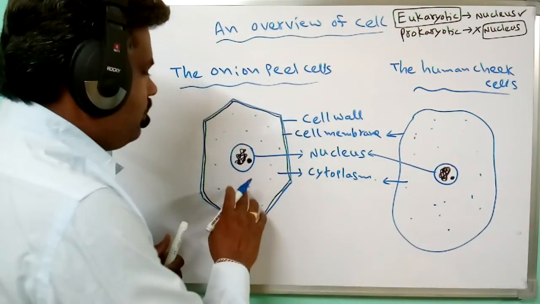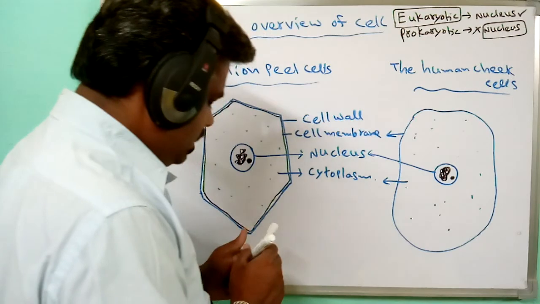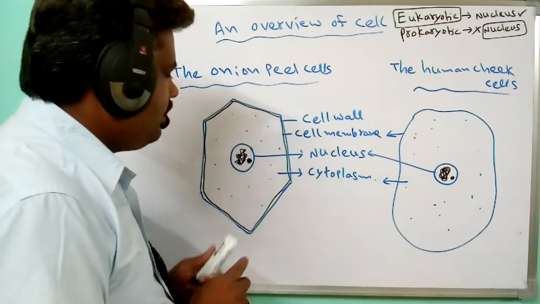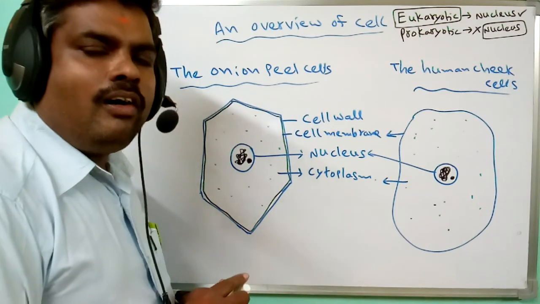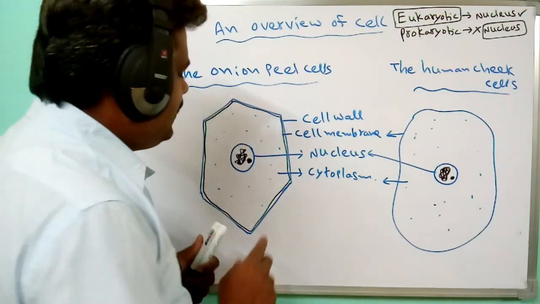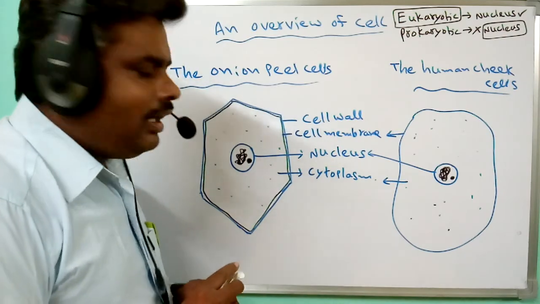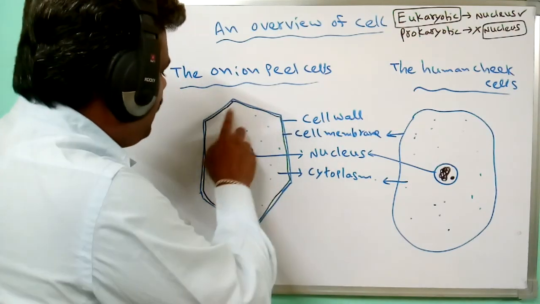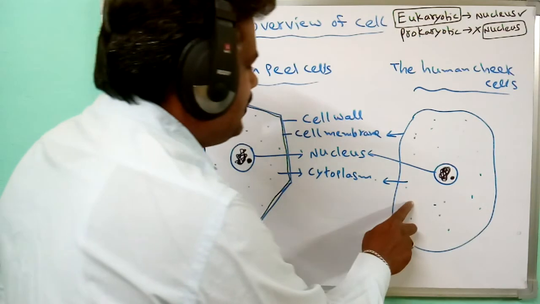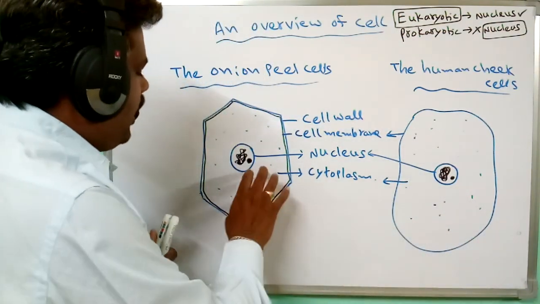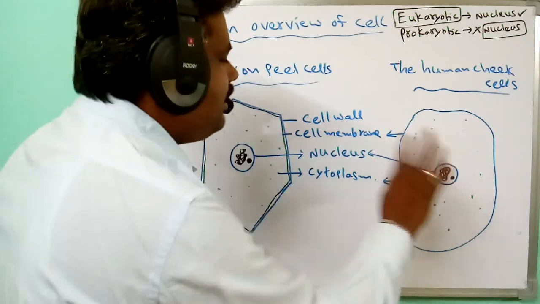Both cells have cytoplasm. The cytoplasm is responsible for all the chemical reactions taking place inside it, and most of the volume of the cell is occupied by the cytoplasm.